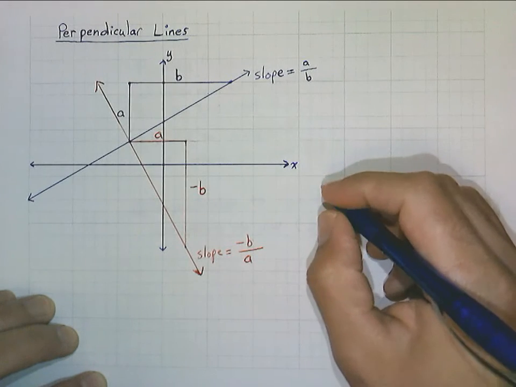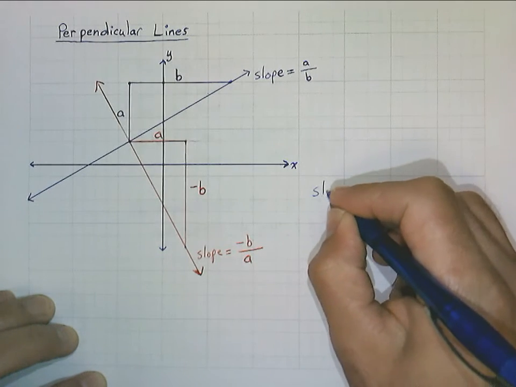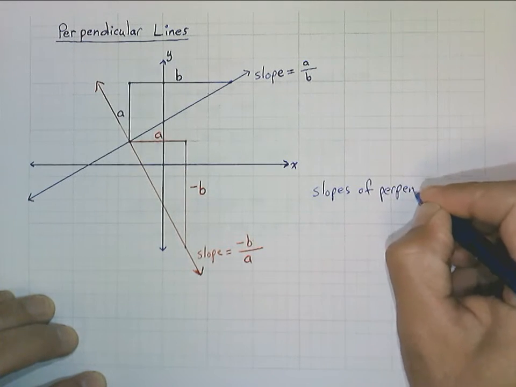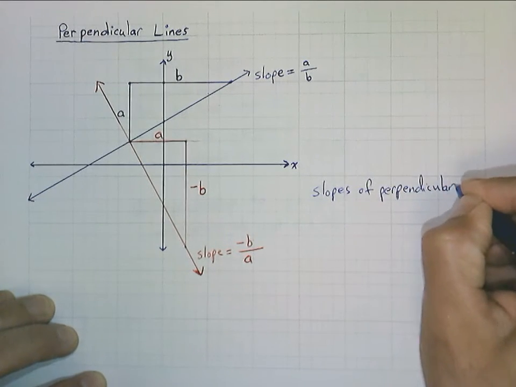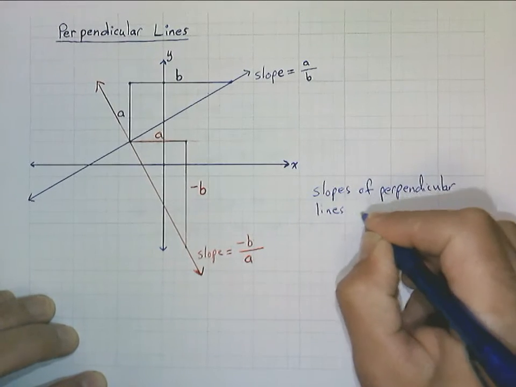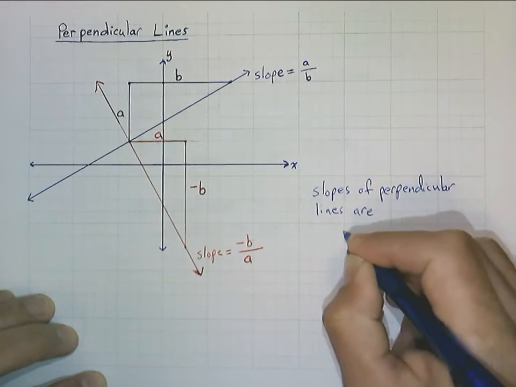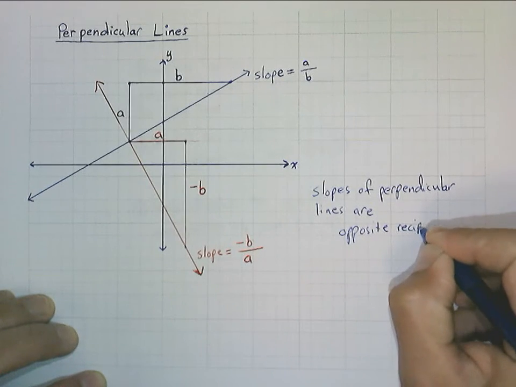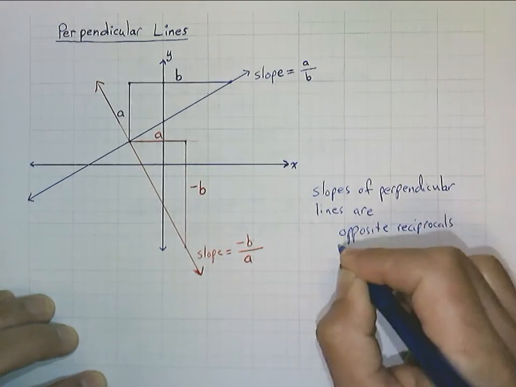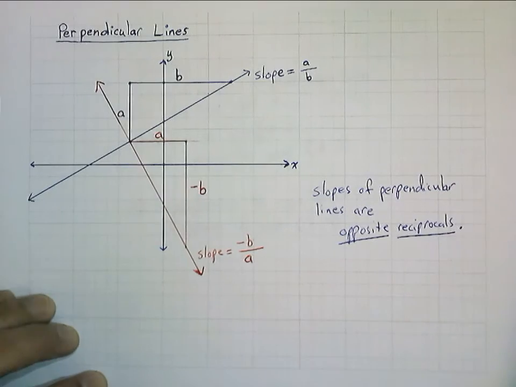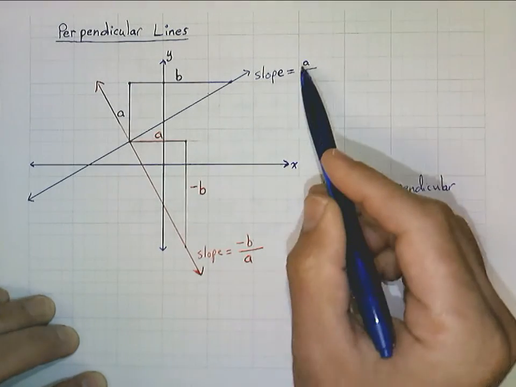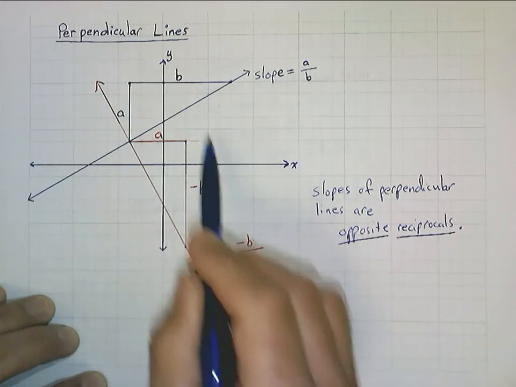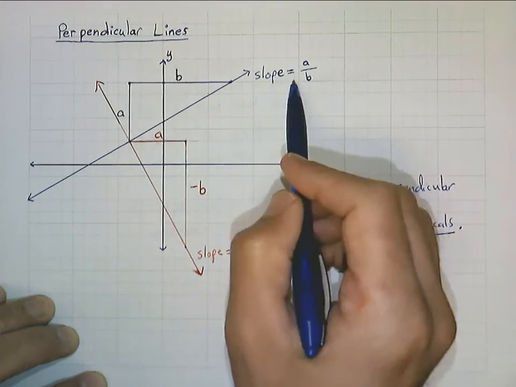So that's the whole idea here, is that the slopes of perpendicular lines are what we call opposite reciprocals. Notice it's opposite. This one would be positive, this one would be negative. Or if we're going from this line to the other one, this one would be negative, this one would be positive.